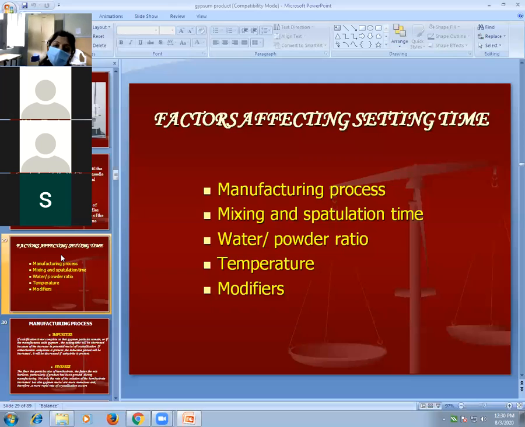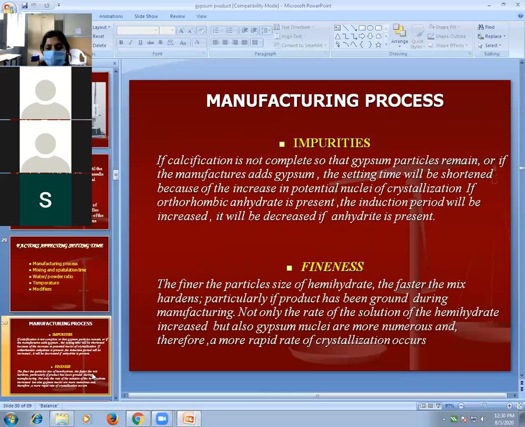Now the factors affecting the setting time. The factors are the manufacturing process, mixing and spatulation time, water powder ratio, temperature and modifiers. In the manufacturing process, again, there are the impurities during the manufacturing process and the fineness of the crystal.